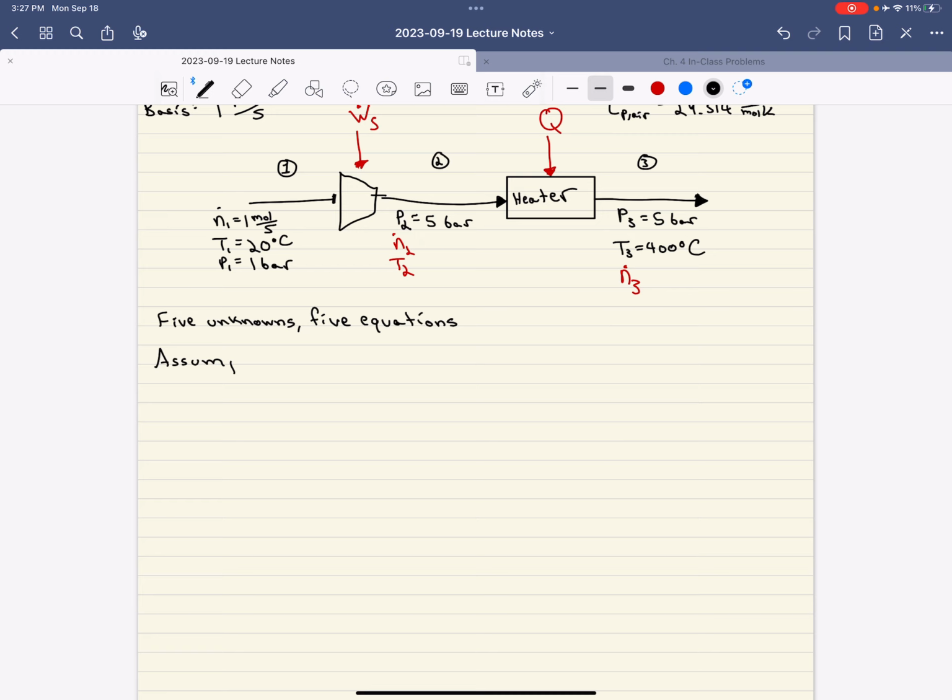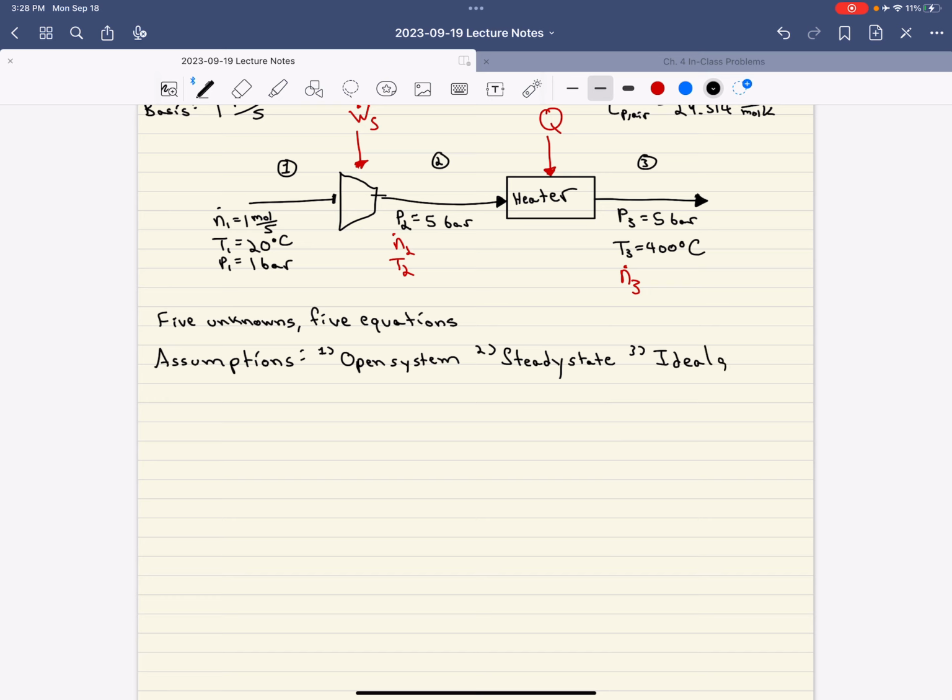Because the air is crossing the system boundaries of the compressor and the heater, we're going to treat both components of the process as open systems. We don't have any indication that temperatures or pressures are changing with time, so we'll also assume that we're operating at steady state.